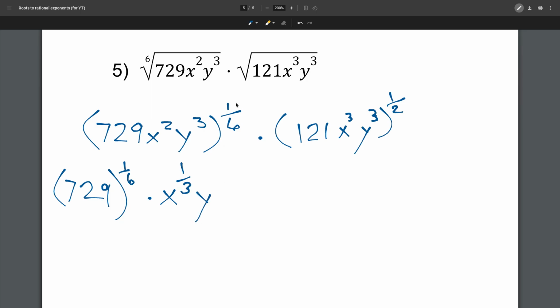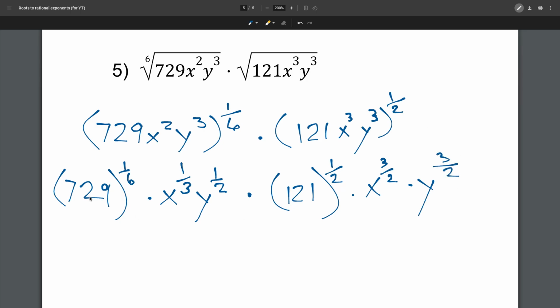And then 3 times 1/6 is going to be 3/6, so let's make it 1/2. Okay, times we have 121 to the 1/2 power times x to the 3/2 power, times y to, again, the 3/2 power.